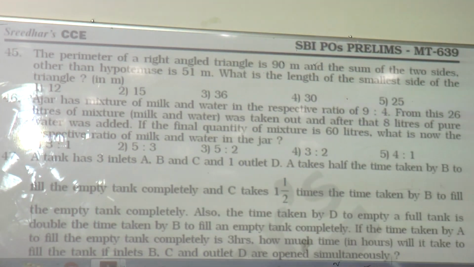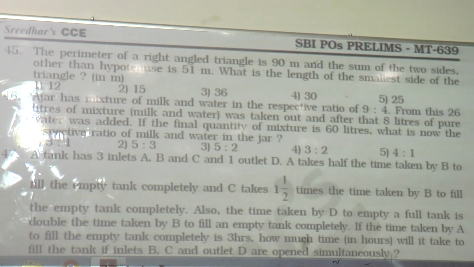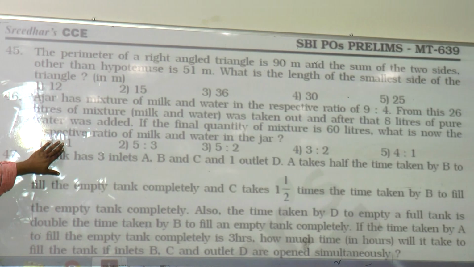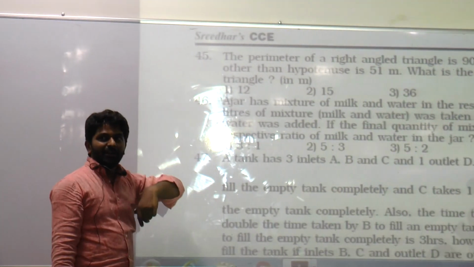Can be your answer. No. No. Yes. Yes. First option, fourth option, fifth option. 3 possibilities are there. Now, you are asked about respective ratio between milk and water in the jar. Is it in the initial container or final container?